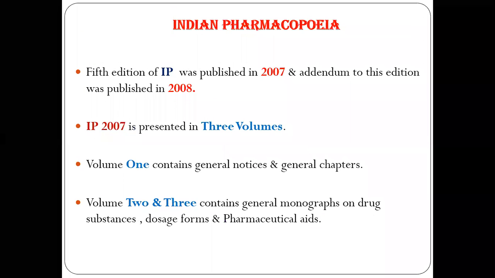Then the fifth edition of IP was published in 2007, and an addendum to this edition was made in 2008. IP 2007 is prepared in 3 volumes. Volume 1 contains general notices and general chapters. Volumes 2 and 3 contain the general monographs on drug substances and dosage forms.